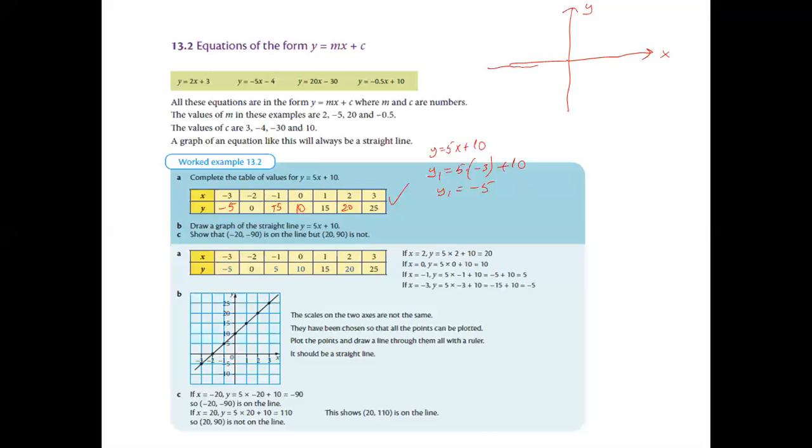Negative values of x are on the left side of the horizontal line, and this side is the right side. Minus 3 is here approximately. And when I put minus 3, our y must be equal to minus 5.